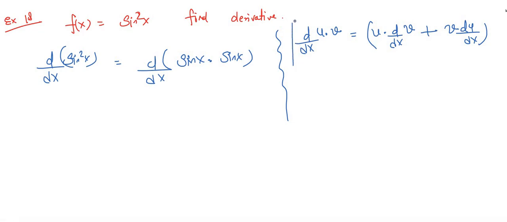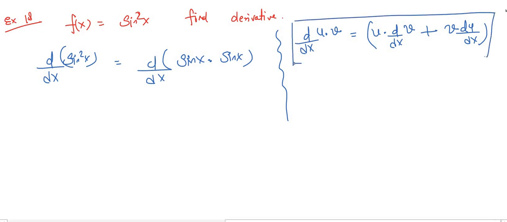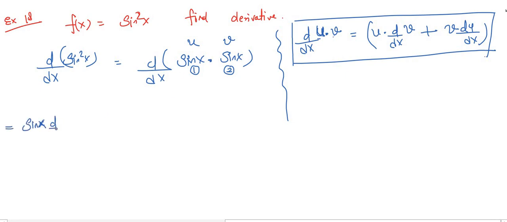This is called the product rule. When two functions are multiplied, u into v, then we use this formula. So this is my u and this is my v, correct? We have to differentiate it. So it will be first as it is, derivative of second, plus second as it is, into d by dx of the first one.